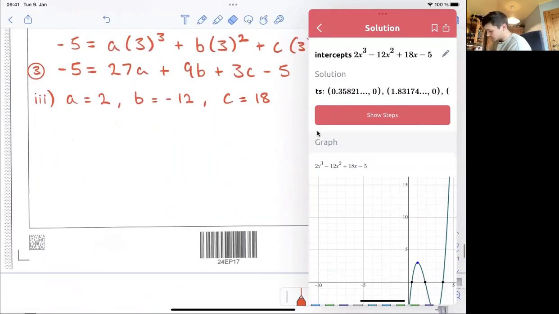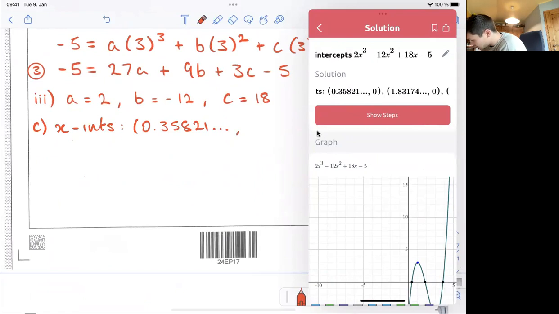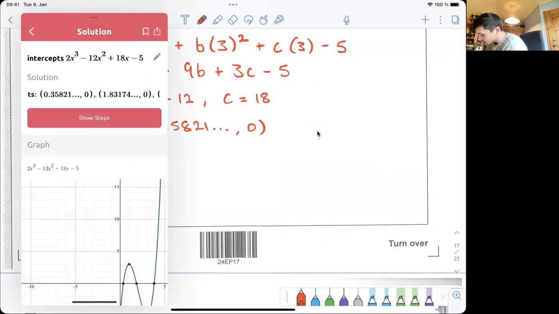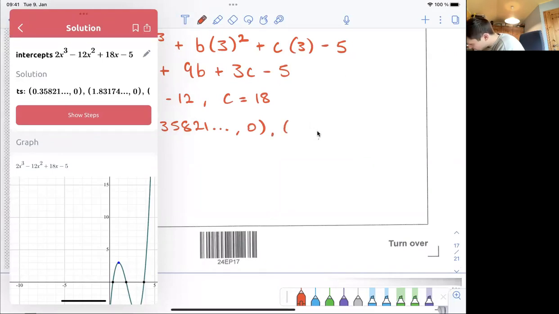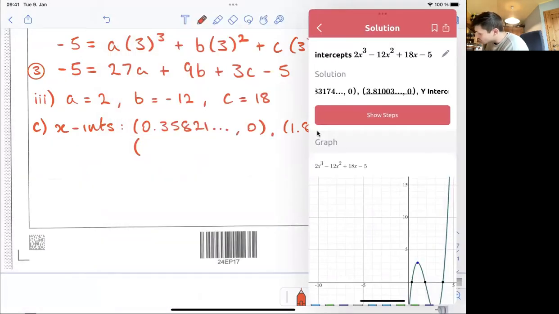C, x-intercepts, we'll say x-ints, 0.35821..., comma 0, and then the next one is 1.83174, comma 0, and then the last one we'll write down here, 3.81003..., comma 0.